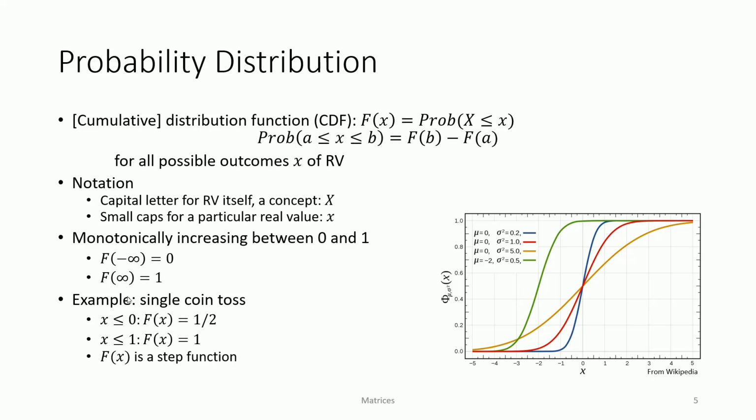But here, when we talk about the single coin toss, like we discussed before, if it's a fair coin, the probability is always 0.5, right? That it's tails or heads.